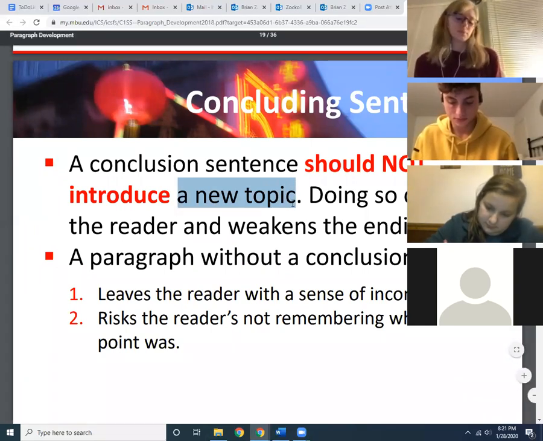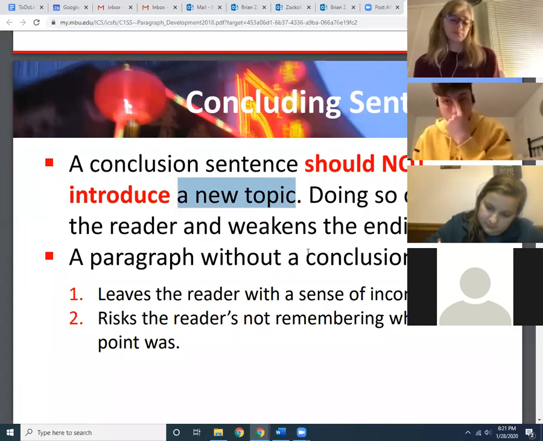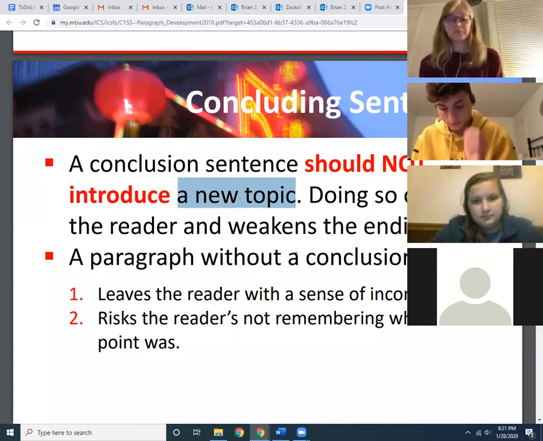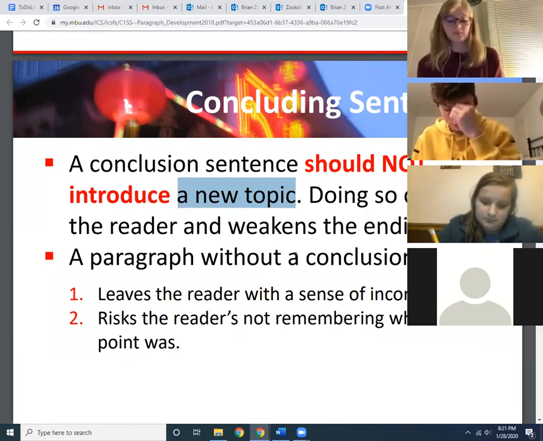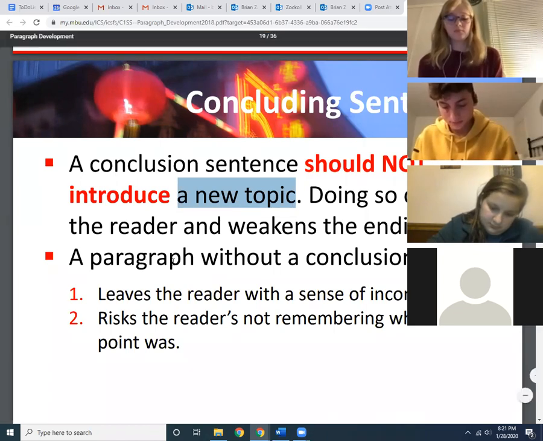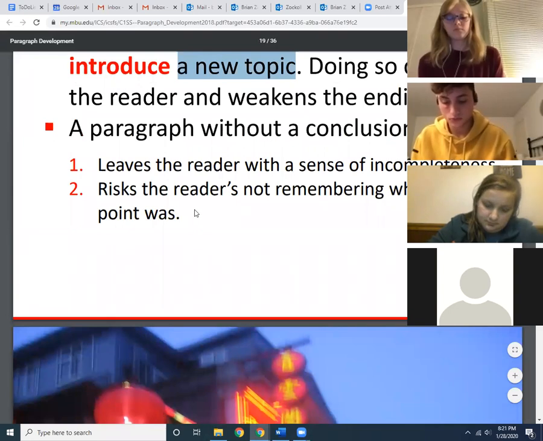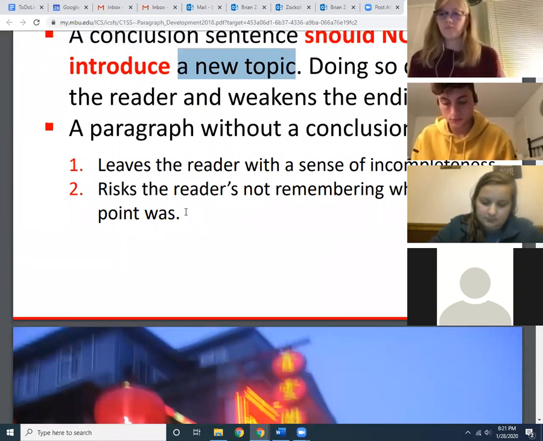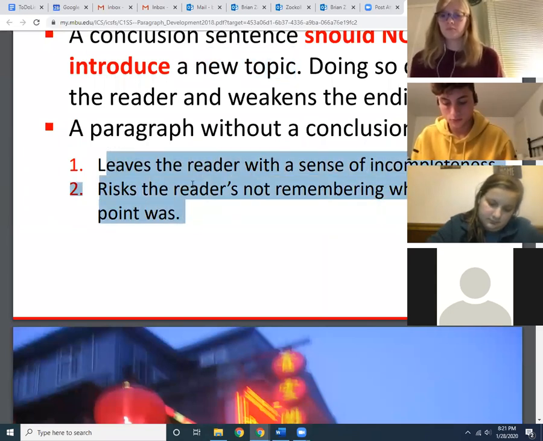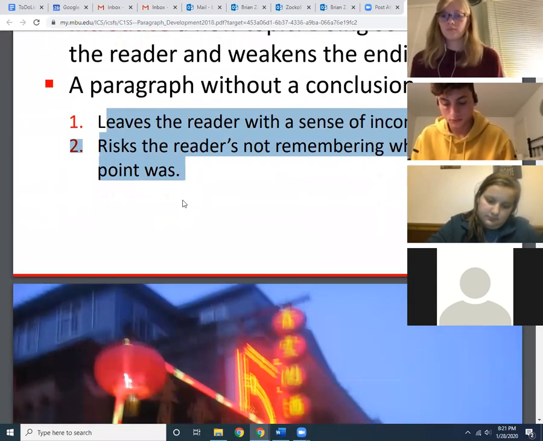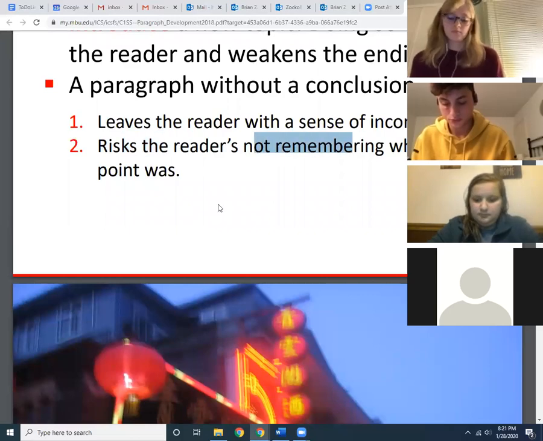If you're going to link to the next paragraph, that's fine, but you should not necessarily introduce that next paragraph in a flowery way. Even then, especially at this level, it's better to just end the paragraph you were speaking of. It leaves the reader with a sense of incompleteness if you don't, but we want the reader to remember what the main point was.